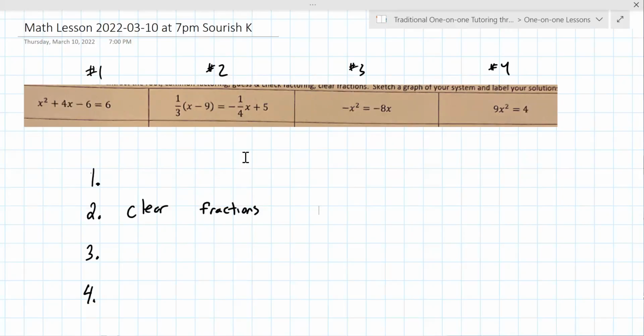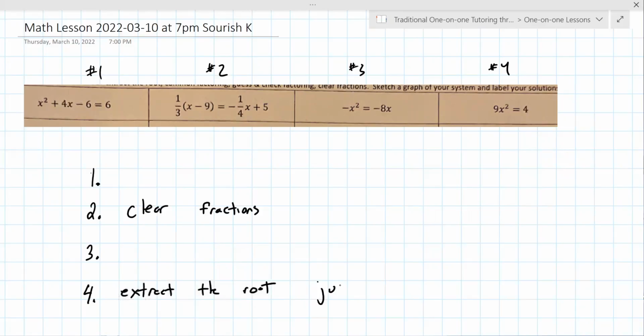Now, the next one is kind of weird. Extract the root. So we already know how to do this one, so we don't have to worry about number 2. Out of these 3 here, look at number 4. Do you notice that number 4 only has an x squared?